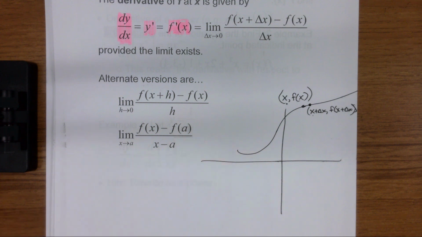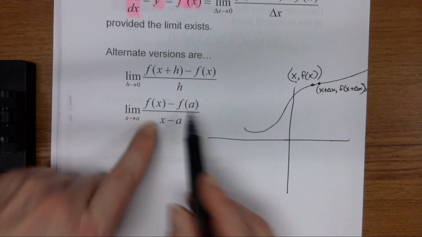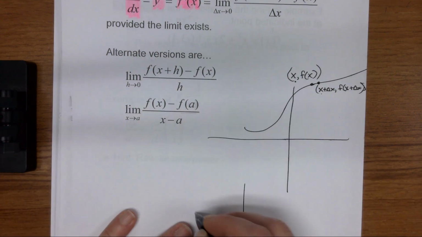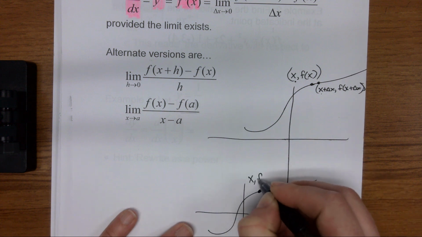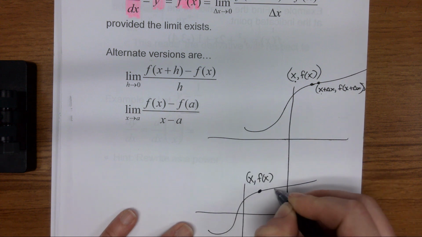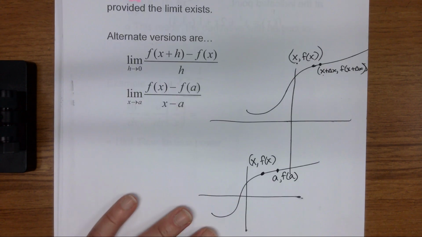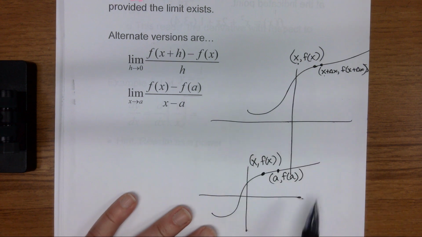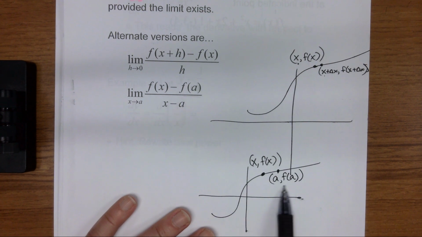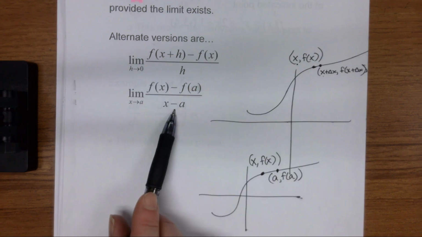On this one, instead of x and adding a little bit beyond x, you have a point x, f of x, and then a brand new point a, f of a. And it's the slope formula. The reason I don't use this one a whole lot is that it would only work at one specific value.